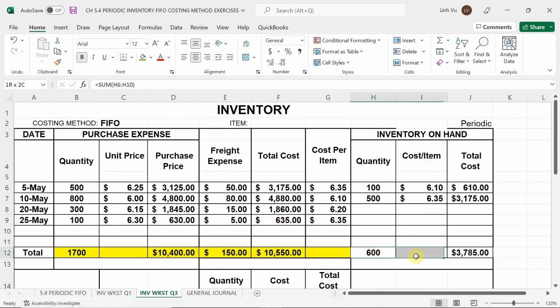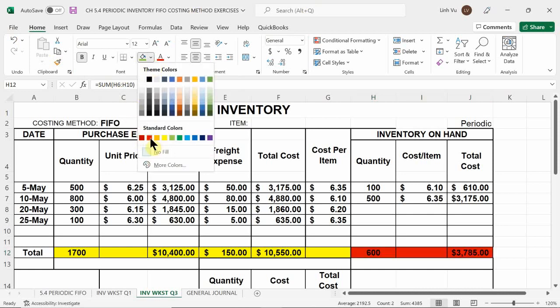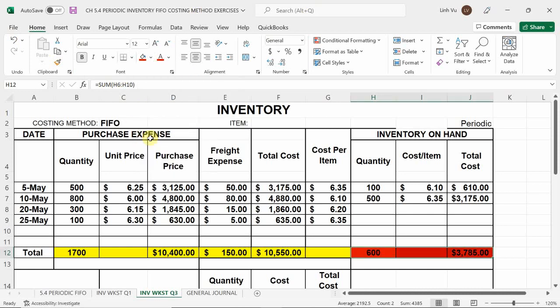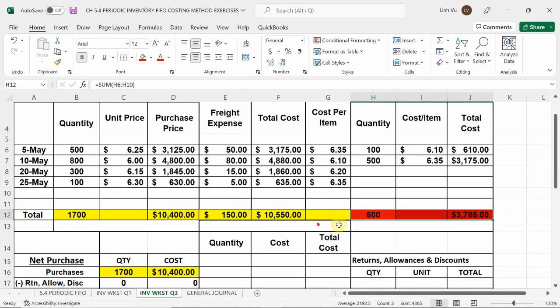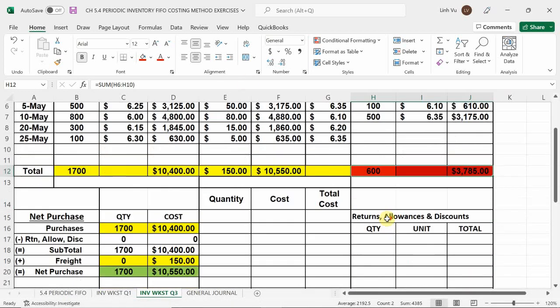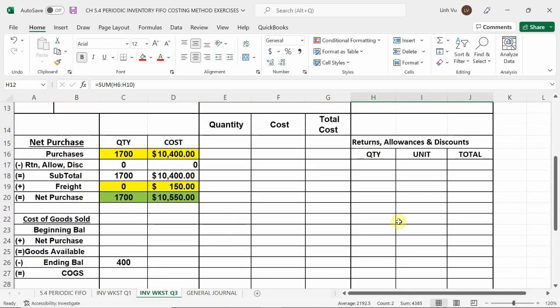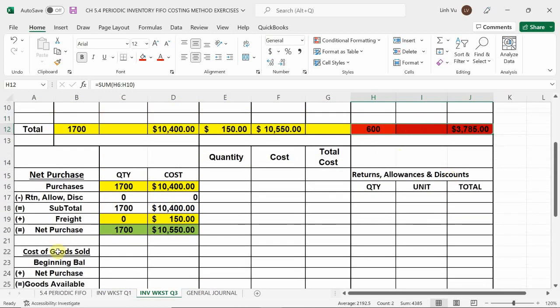We carried the 600 units from my previous inventory worksheet, right? I'm going to make this red so it's a little more obvious. My beginning inventory. So that means whatever I put in my inventory on hand, I'm going to copy it right here.